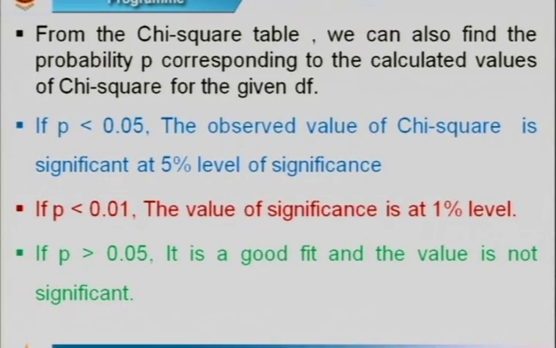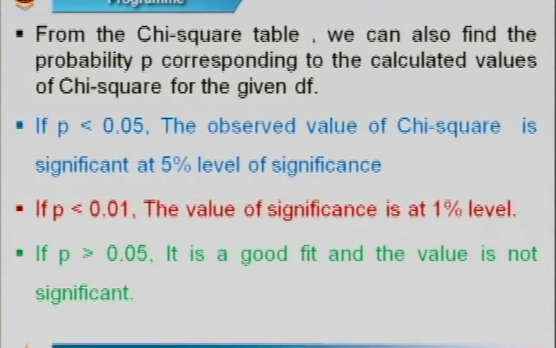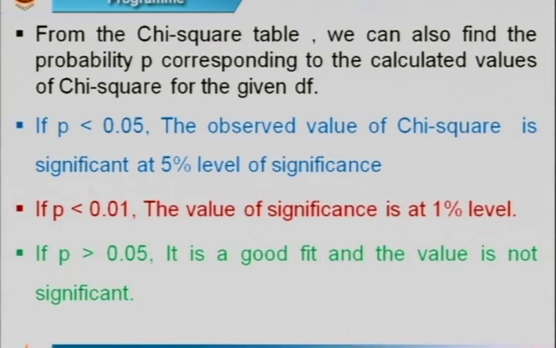Similarly, if the calculated probability value is less than 0.01, the value is significant at 1% level. Then if it is greater than 0.05, the calculated value is a good fit and not significant. Like that, we have to give the combined interpretation.